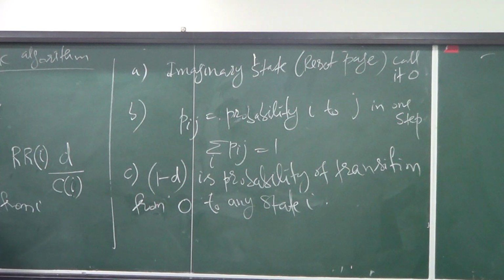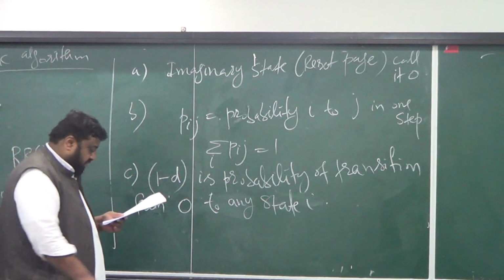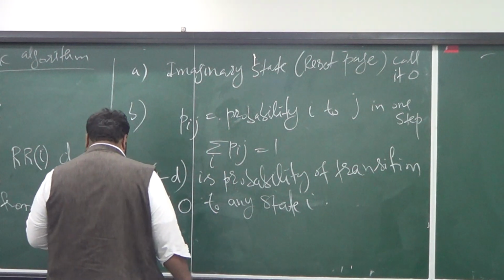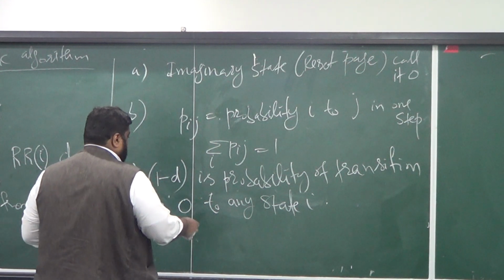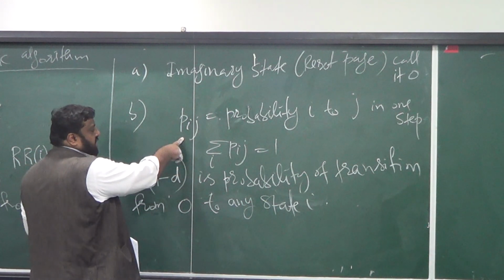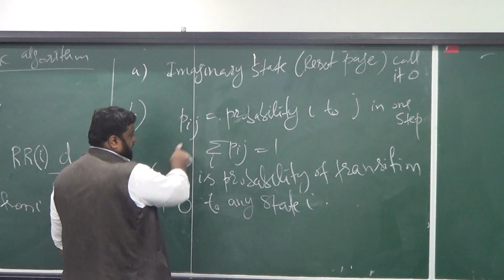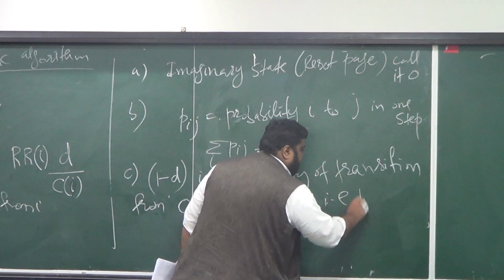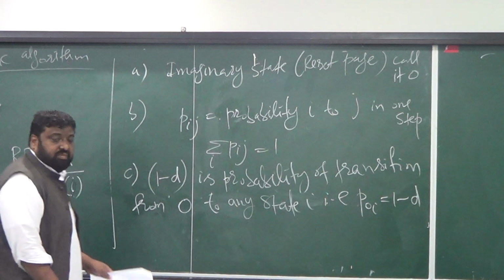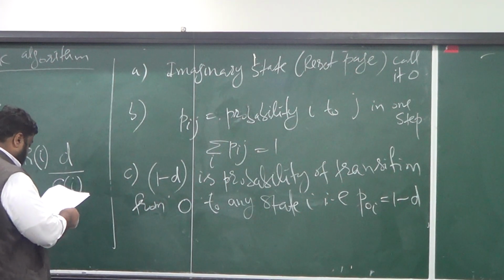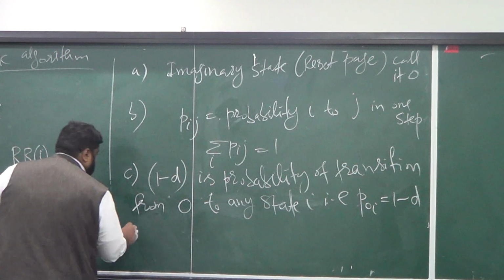Okay, so 1 minus d is that probability, the probability that you are at 0 and you're going to go into the next state. If I want to write it in this notation, what does this mean? That is, P0i is 1 minus d.